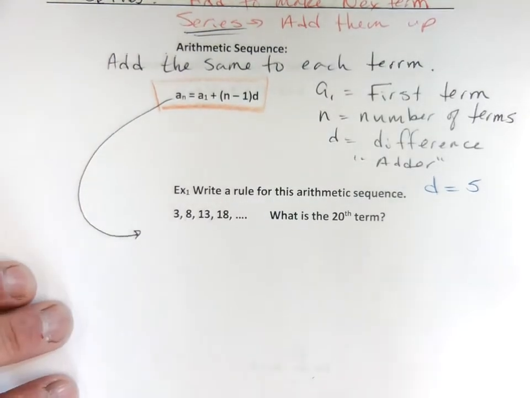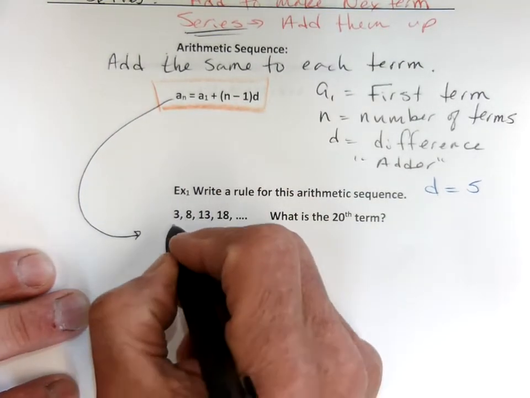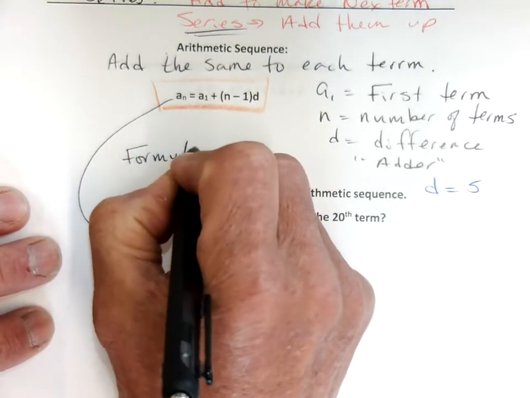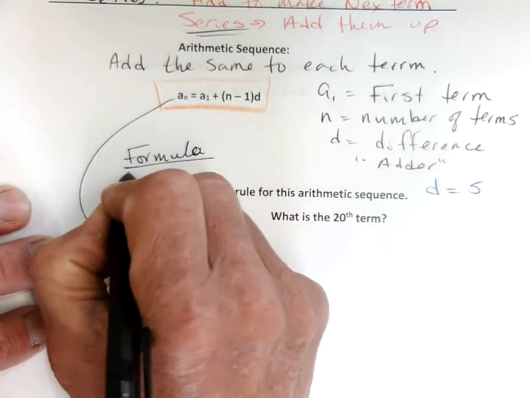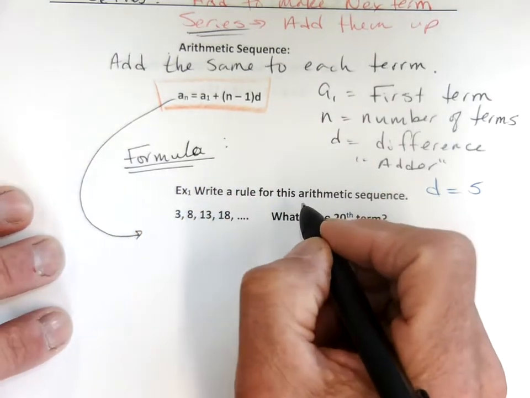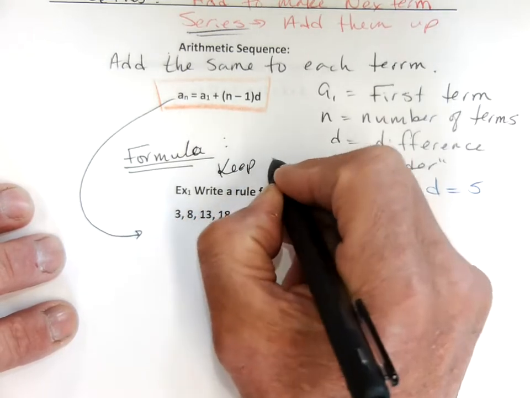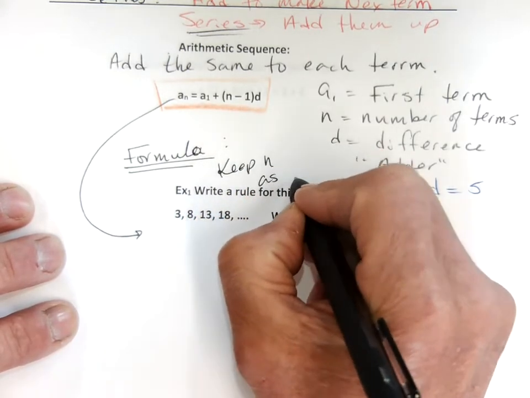So we want to find a formula. If I need a formula, you need variables. Keep n as a variable.